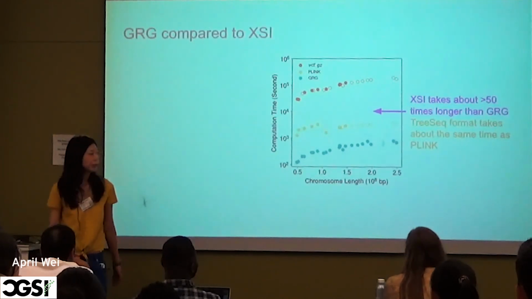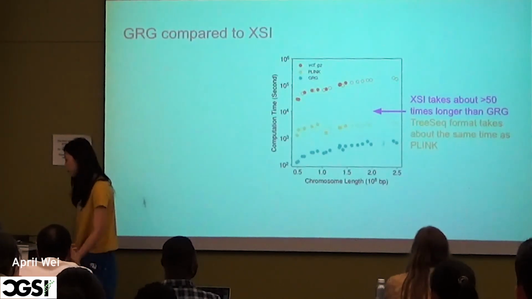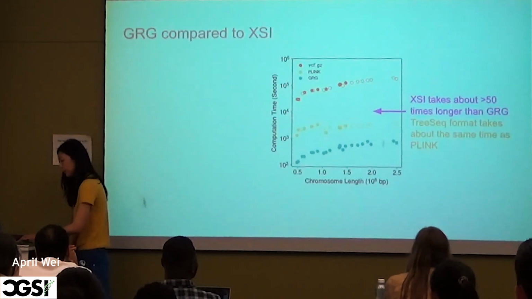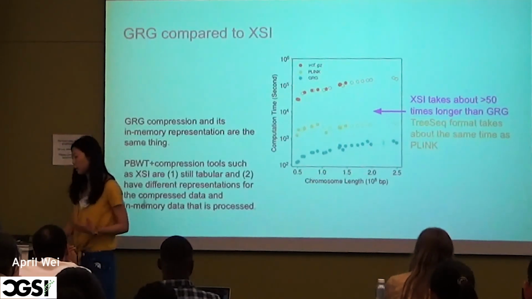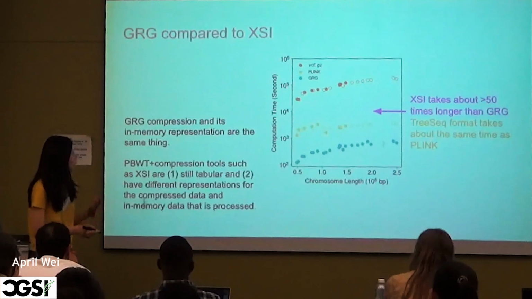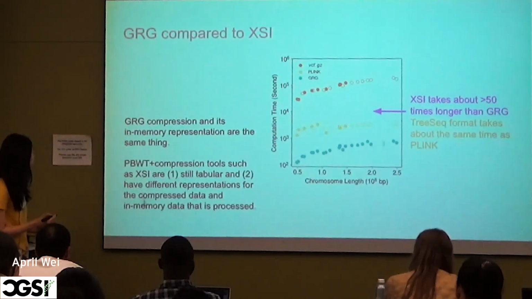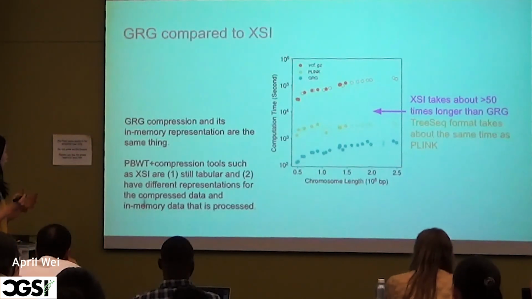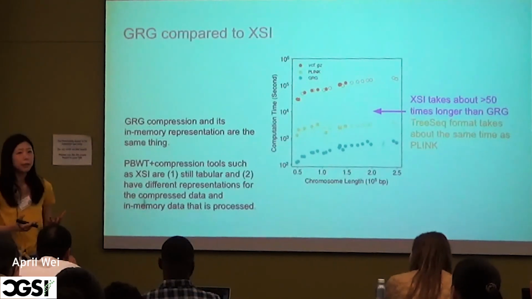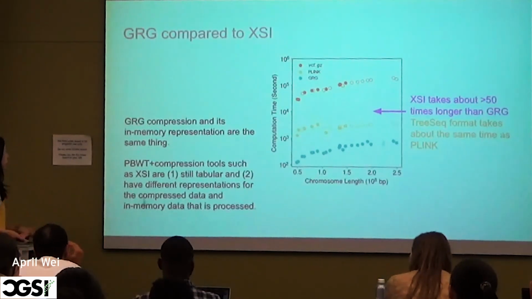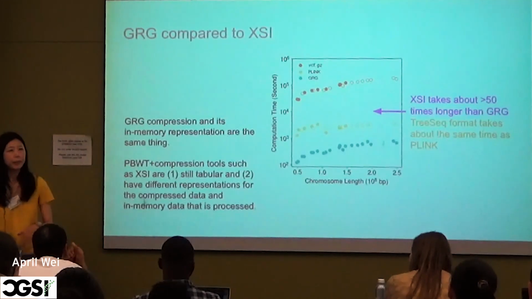But overall, you can see that this new format we developed could really facilitate computation speed. And why do we think it's faster than XSI? It's really because GRG compresses the data in the same way as it represents the data in memory.